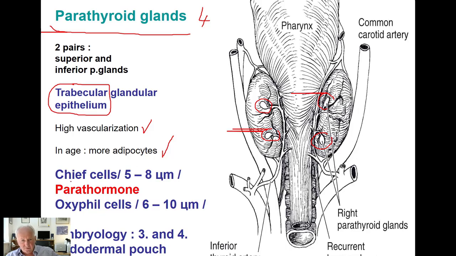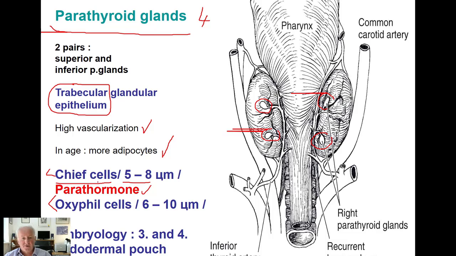And now the two basic cell types are present. The so-called chief cells are smaller, 5 to 8 micrometers, and those cells are responsible for the production of the antagonist of calcitonin, and this is parathormone. Parathormone is the antagonist of calcitonin. Chief cells are producing parathormone.